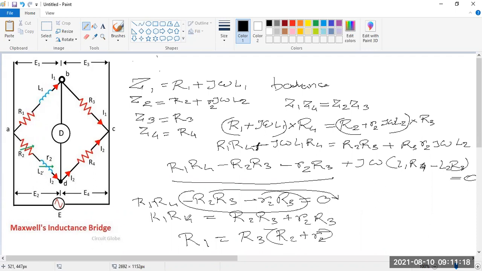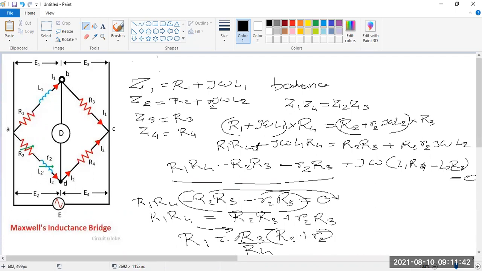This R4 comes here, so it is divided by R4. So we can find the unknown resistance: R1 is R3 by R4 multiplied by capital R2 plus small r2.